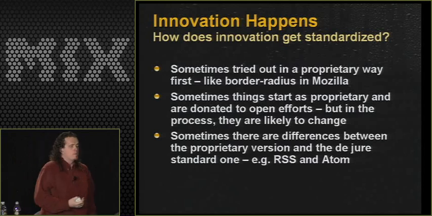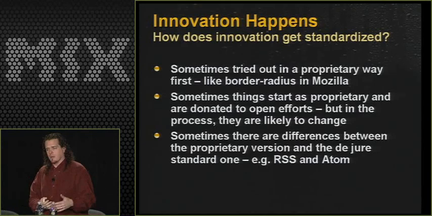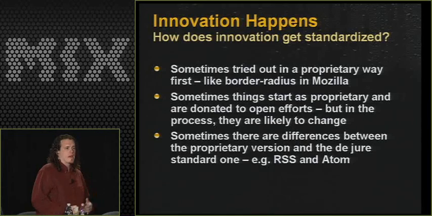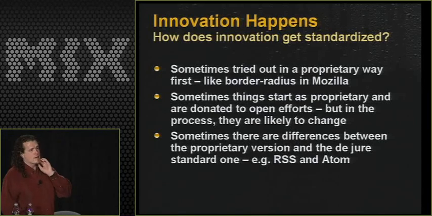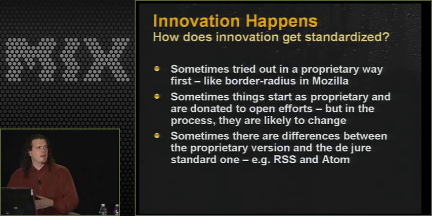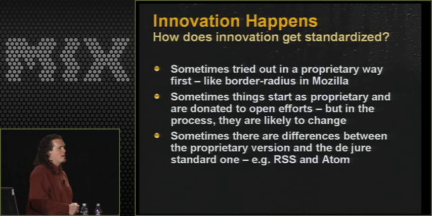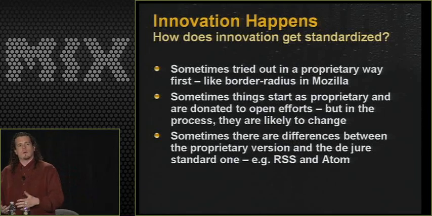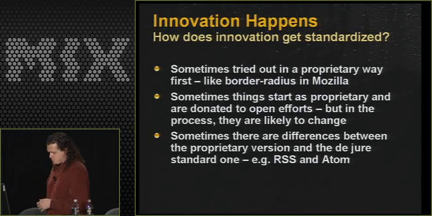And sometimes there end up being a proprietary version of something and a de jure standard version of something. RSS and Atom is a really good example of this. So RSS started out really, Dave Winer said, hey, I want to capture my blog in an XML feed format. Came up with RSS. A lot of people started adopting it. It just sort of grew as a de facto standard.